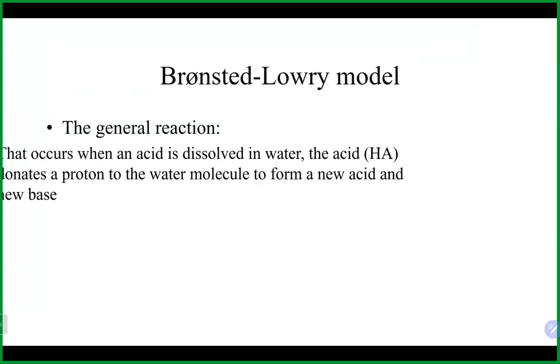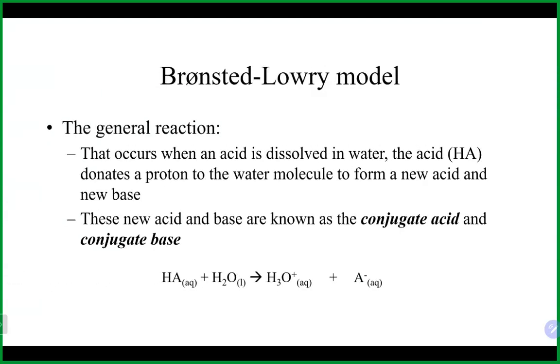So taking a look at the general reaction here, if this is an acid, and this is just a generic formula for an acid, it could be anything like HCl, HNO3, whatever it may be. What's going to happen here is our acid is going to donate its H plus over to the water.